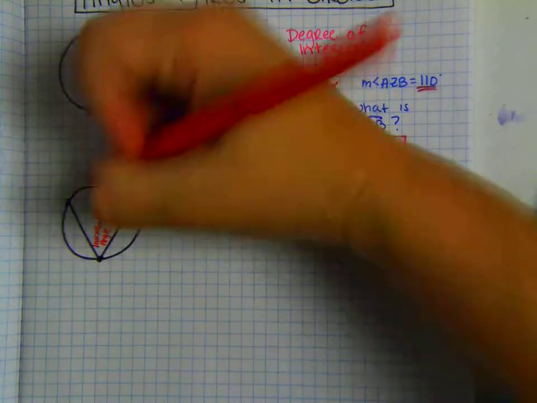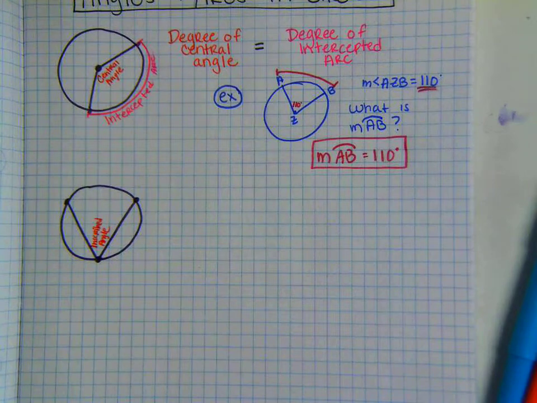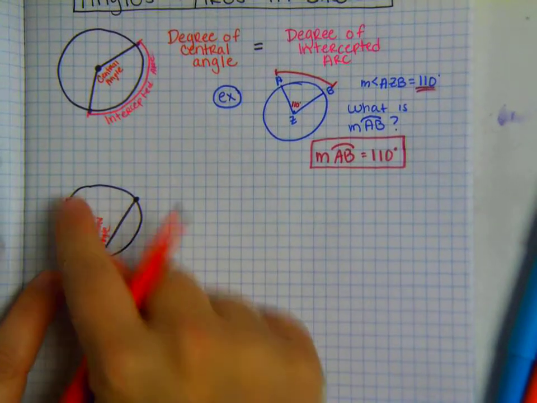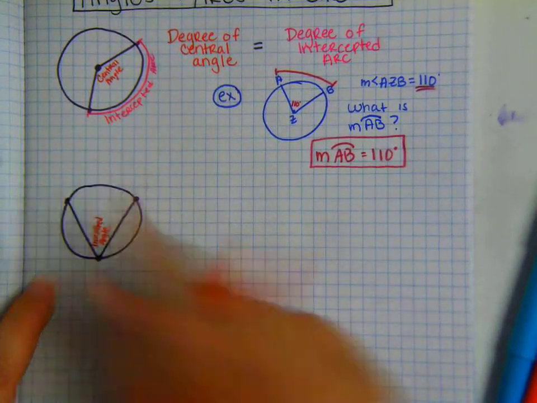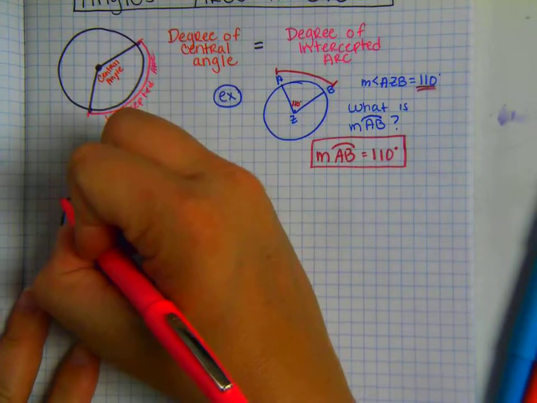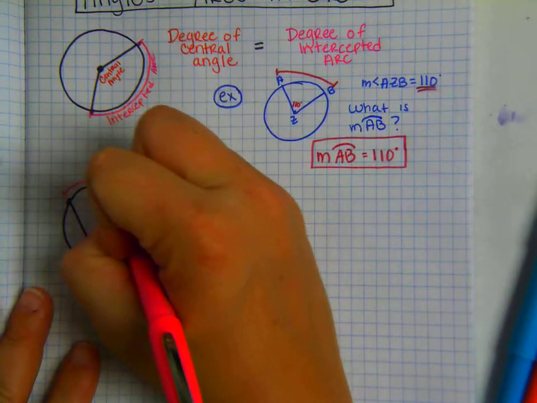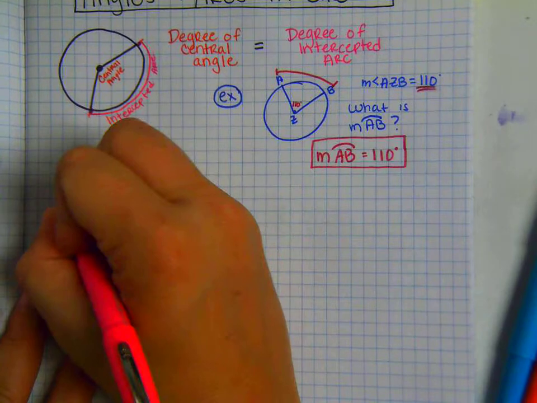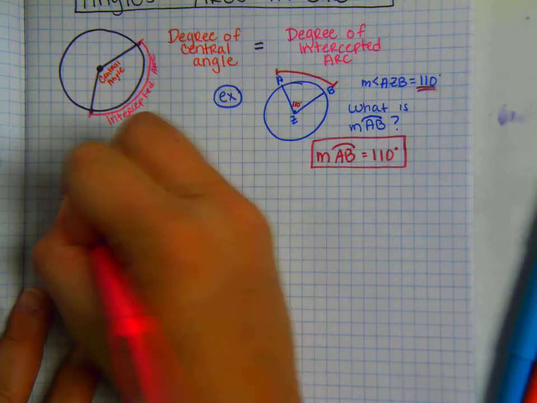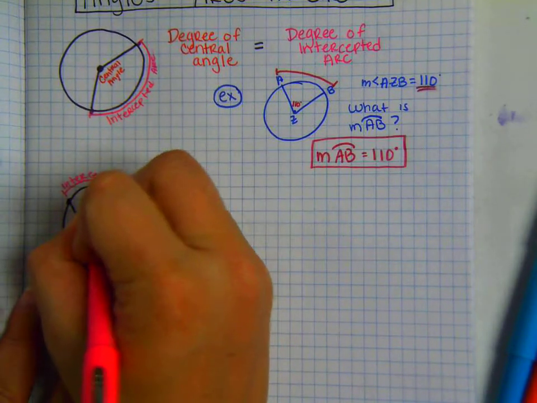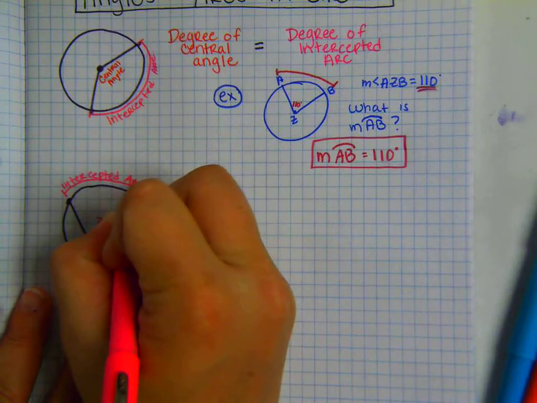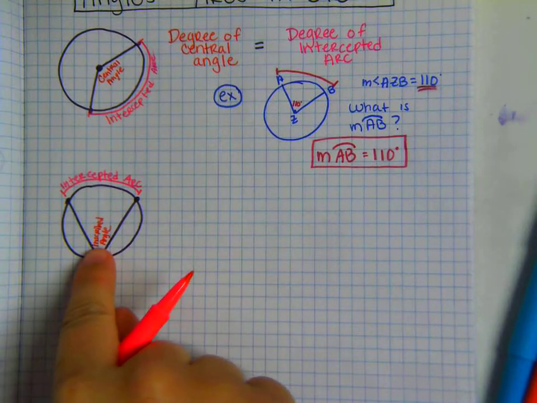Okay, it's inscribed. It's inside the circle, but it's going from endpoint to endpoint to endpoint. Okay, and again, we have the intercepted arc here. So, inscribed angle, intercepted arc.